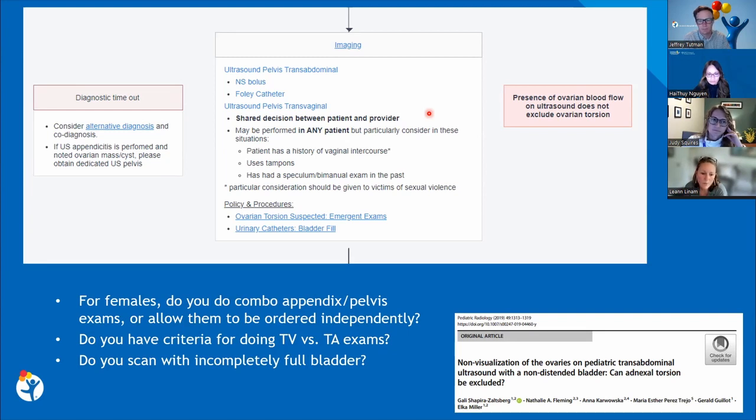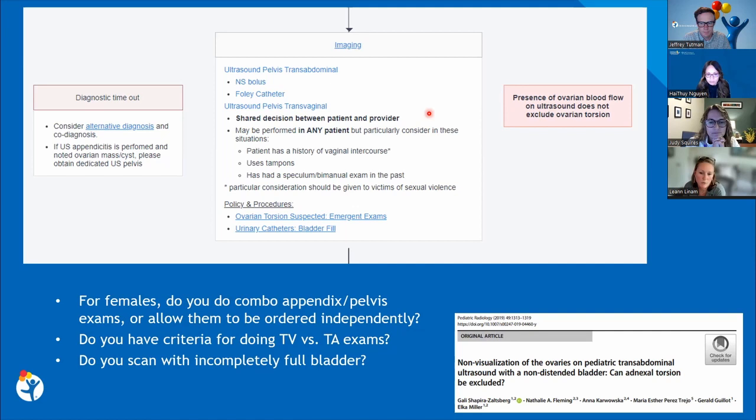So, we always start with a transabdominal. Now, if the patient is having a hard time filling their bladder, or it's taking a long time, and the clinician has ordered a transvaginal, we will do a transabdominal with an incompletely full bladder, and then sometimes move on to the transvaginal.